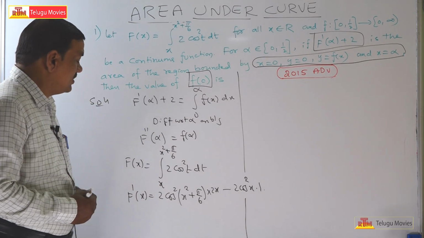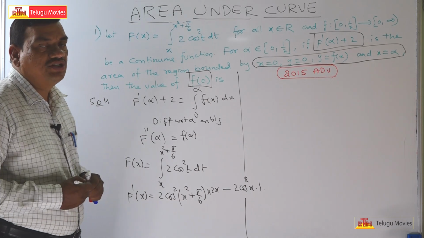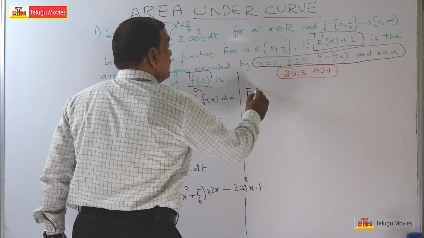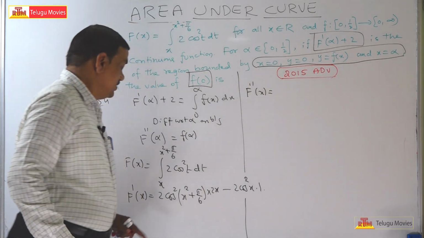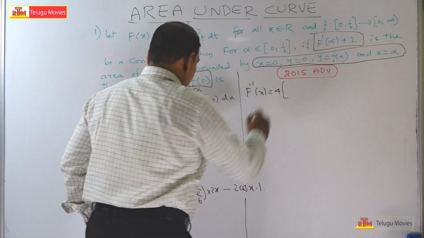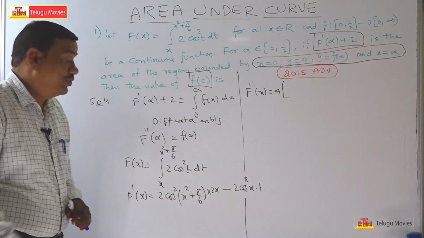For that, what you have to do? Again differentiate with respect to x on both sides. F double dash of x is equal to, see here, 2 twos are 4, just keep 4 outside. So this is a u into v formula.